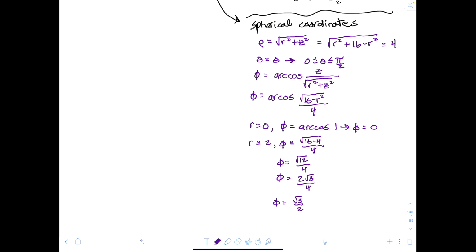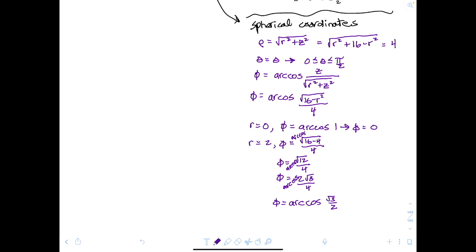Oop, my bad. This would be the arc cosine of each. My bad. Arc cosine. I'll just rewrite this one. Equal to arc cosine of the square root of 3 over 2.